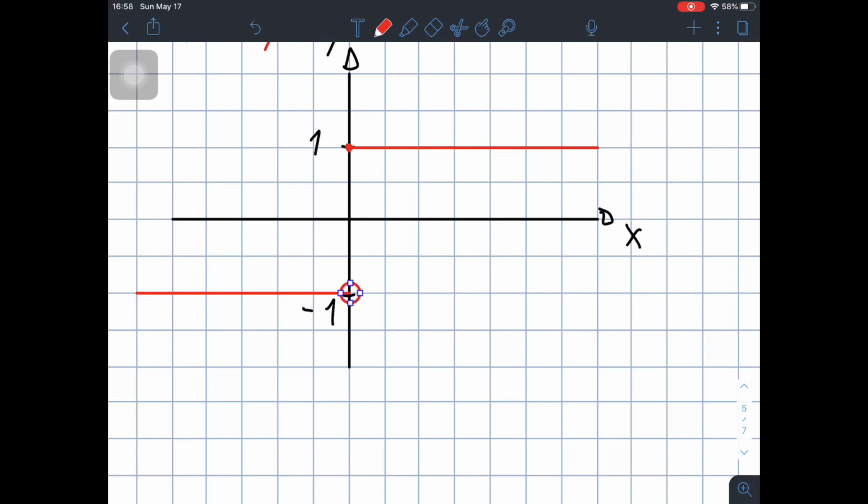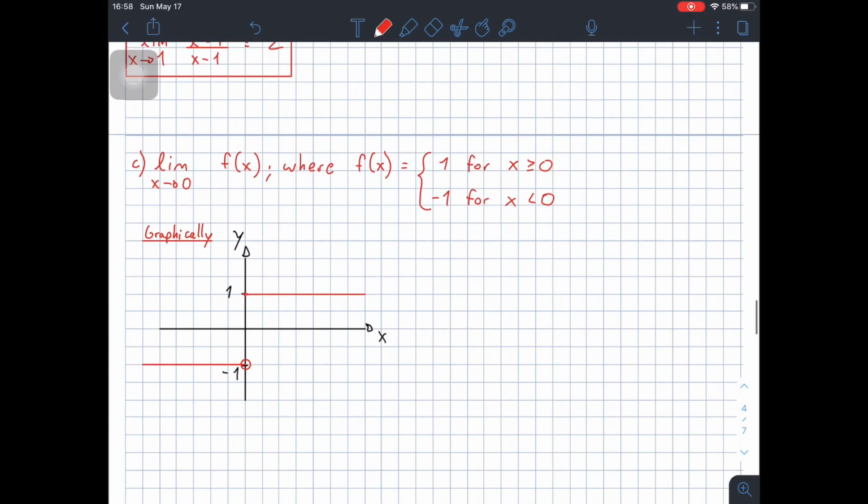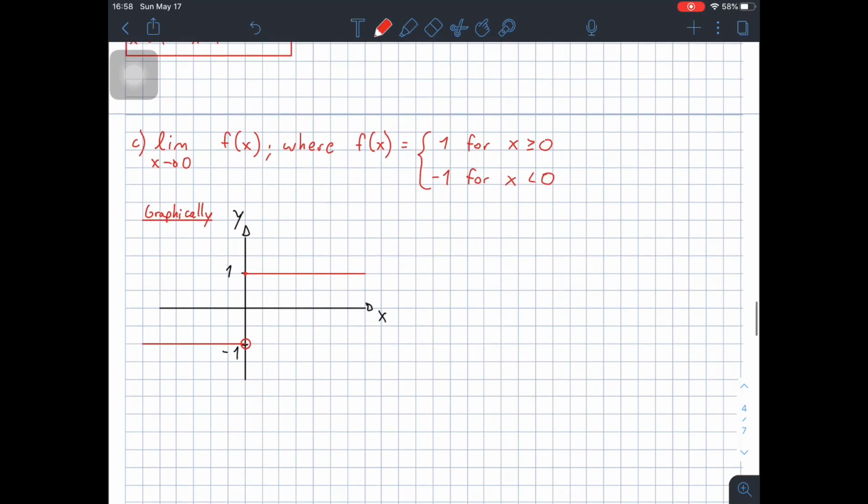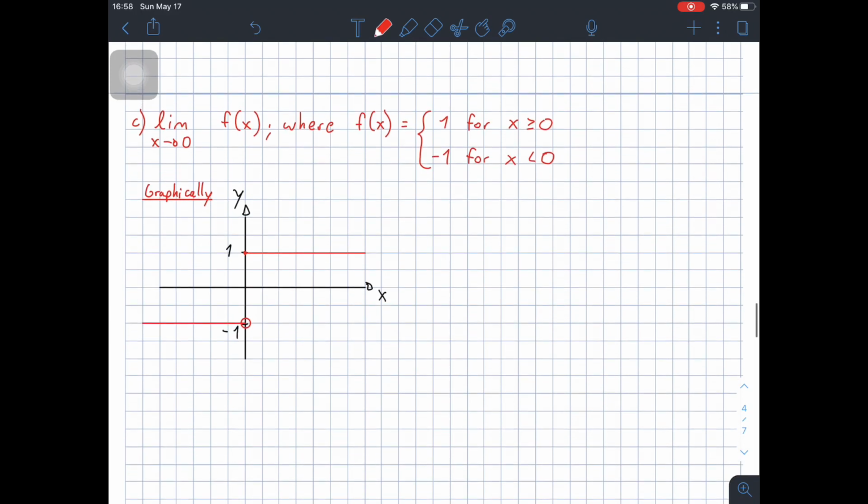Because the function is not defined here, as we do not have the equal sign down there, okay? So this is how the function looks like. Horizontal line at y equals -1 before x is 0, and horizontal line at y equals 1 after x is 0, and it also includes 0.